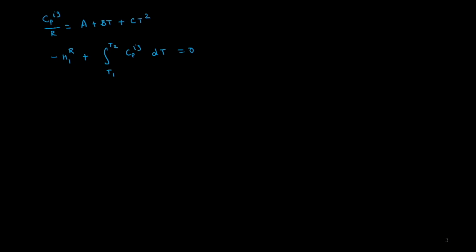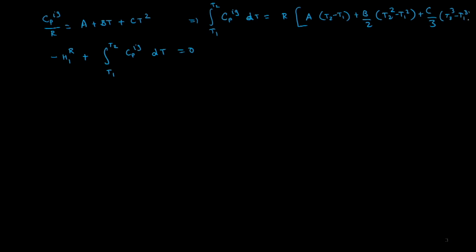From the given temperature dependency, the integral of CPIG dT from T1 to T2 will be R times A(T2 minus T1) plus B by 2 (T2 squared minus T1 squared) plus C by 3 (T2 cubed minus T1 cubed), right?